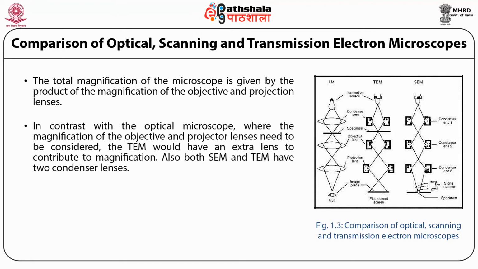In contrast with the optical microscope, where the magnification of the objective and projector lenses needs to be considered, the TEM would have an extra lens to contribute towards the magnification. Also, both SEM and TEM have two condenser lenses.